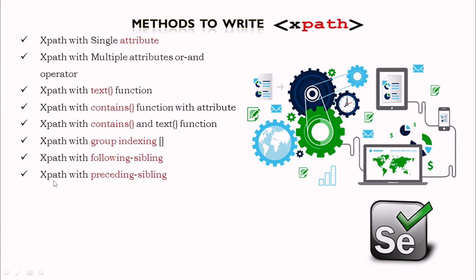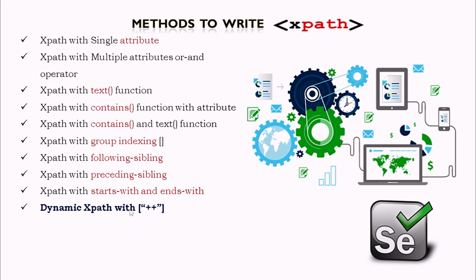Then the next one is the relative XPath with preceding siblings. It is also the same: when we have the same parent or two child node elements, we can write the XPath using the preceding element. Next is the XPath with the starts-with method and the ends-with. We can also use starts-with and ends-with.